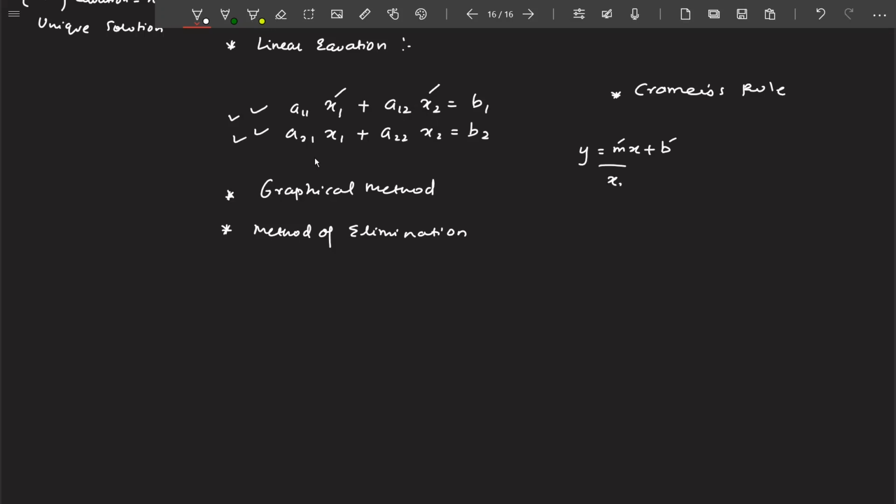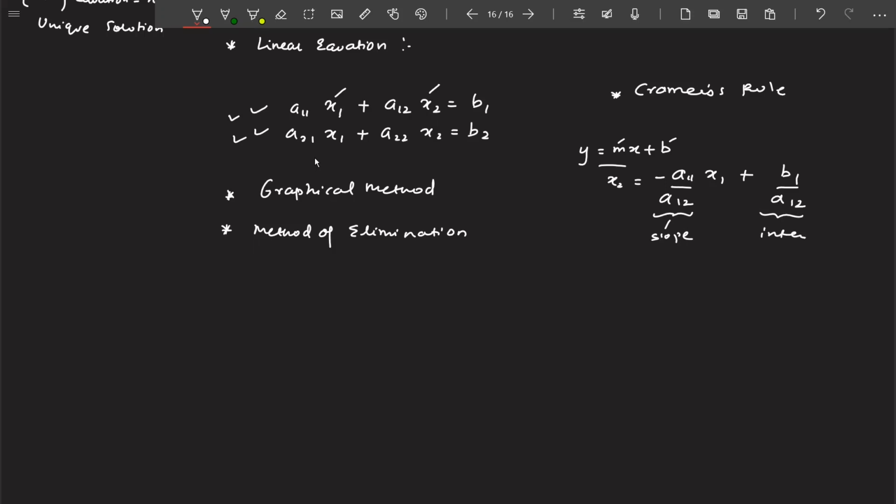If you write in that format, x2 is going to be, where this is the slope and this is the intercept.